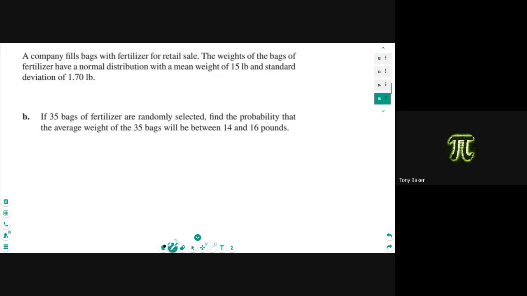The process that we're doing is everything is the same except for one step. That one step is where I find my z. So my mean is still 15. My standard deviation is still 1.7. My n in this case is 35, and I'm still looking for the probability between 14 and 16 pounds.